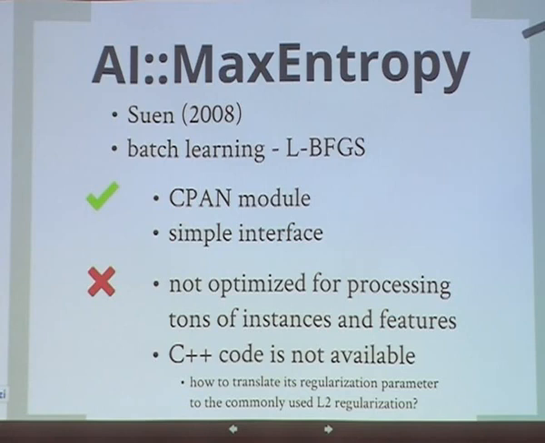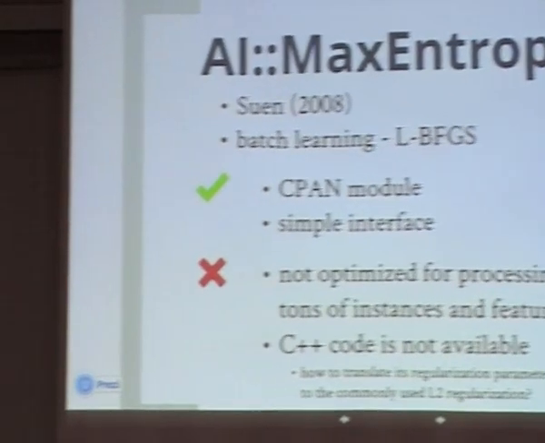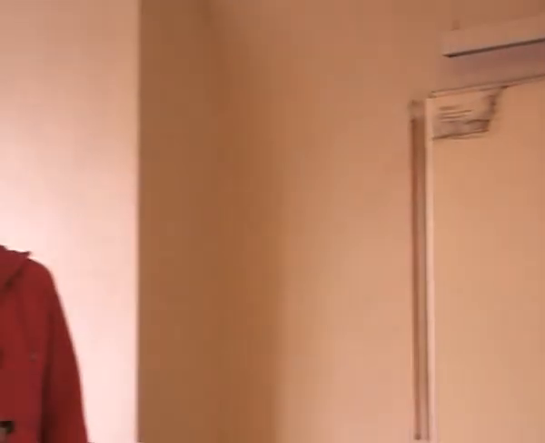The guts are in C++, but the C++ code is not available. So, for example, I don't know how the regularization parameter there relates to the regularization parameter that is commonly used and is known as L2 regularization. So this is hard to find out.